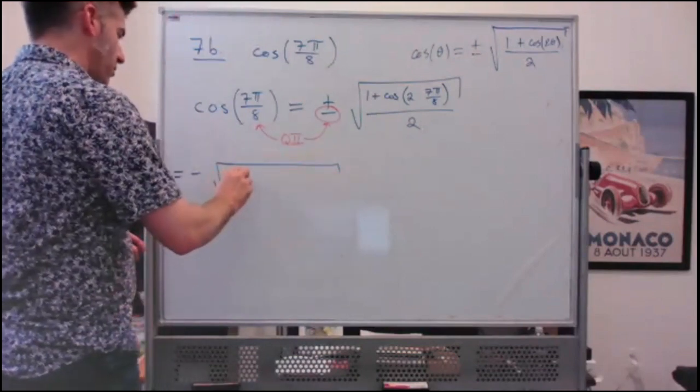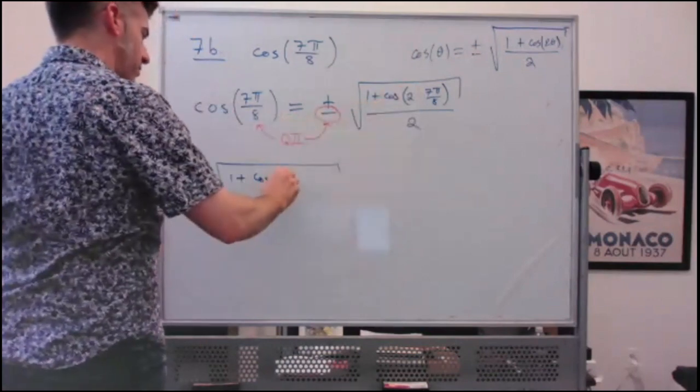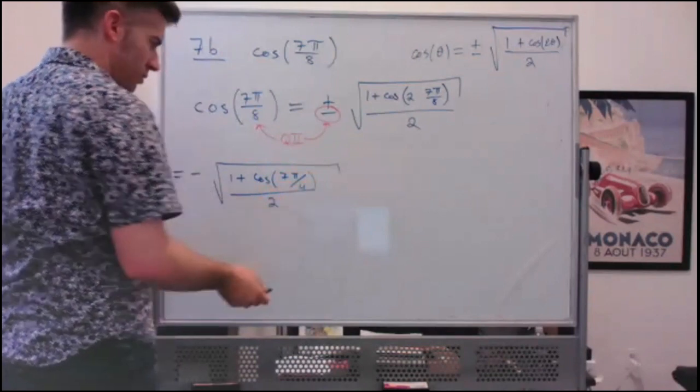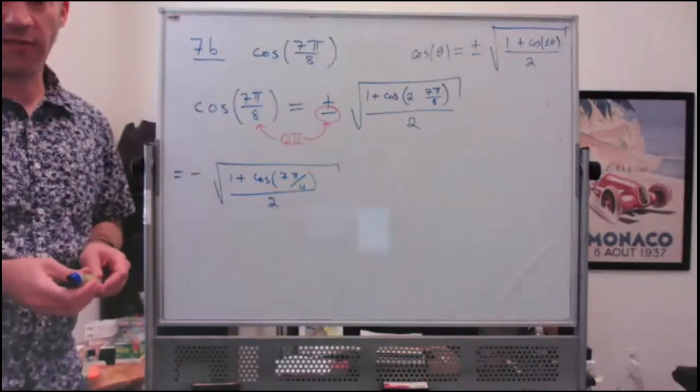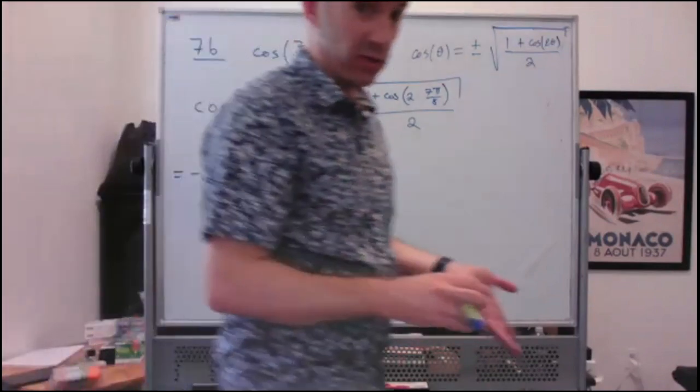So our answer is going to be negative square root of 1 plus cosine of 2 times 7 pi over 8, which is 7 pi over 4. Cosine of 7 pi over 4 is going to be either positive root 2 over 2 or negative root 2 over 2.